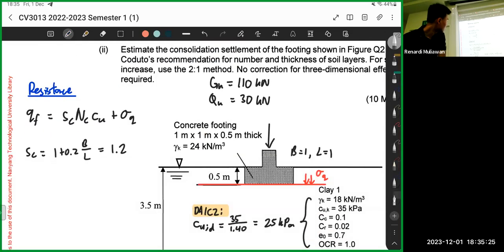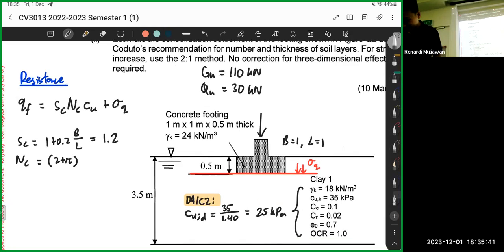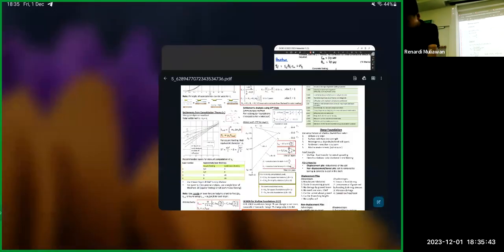Then they give you Nc, right? So Nc is 2 plus pi. Some of you asked in the lecture notes, the Nc formula is different, but that's based on assumptions. So just follow what they give you. If they give you 2 plus pi, use 2 plus pi. Let me check why they give 2.